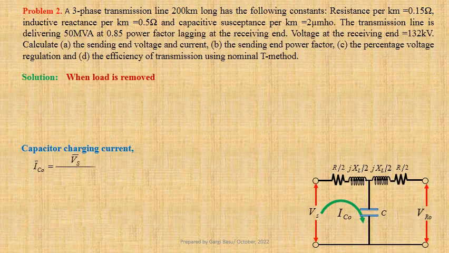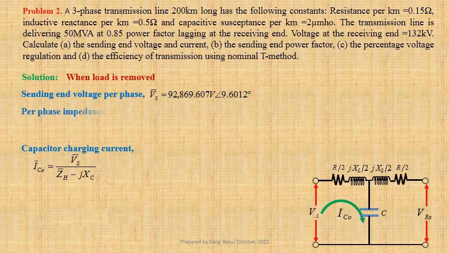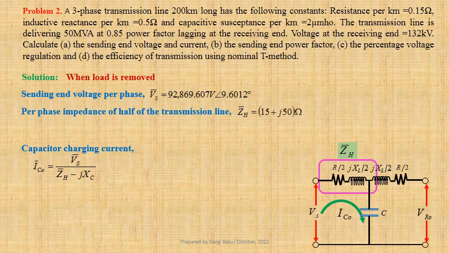ICO equals to Vs upon Zh minus jXc. We have obtained sending end voltage per phase Vs equals to 92,869.607 volt at an angle 9.6012 degree, per phase impedance of half of the transmission line ZH equals to 15 plus j50 ohm and capacitive susceptance per phase BC equals to 4 into 10 to the power minus 4 mho.